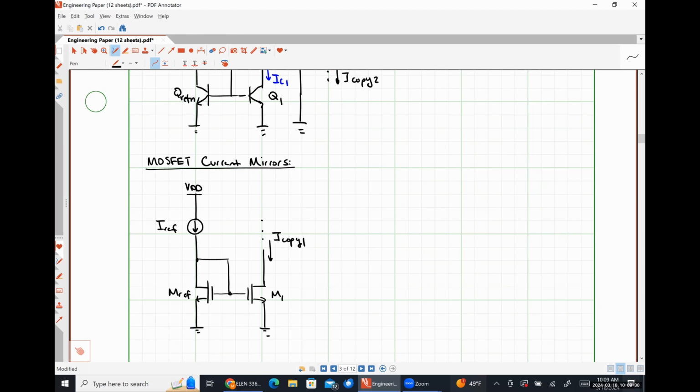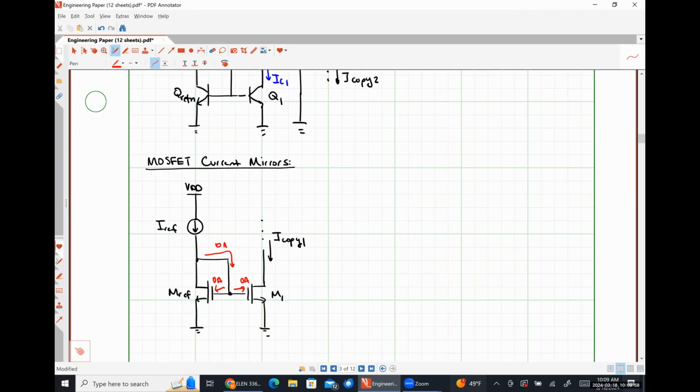So in a current mirror like this, we know that our gate currents are effectively zero, right? So this current is 0 amps. This current is 0 amps. Means this current is 0 amps.